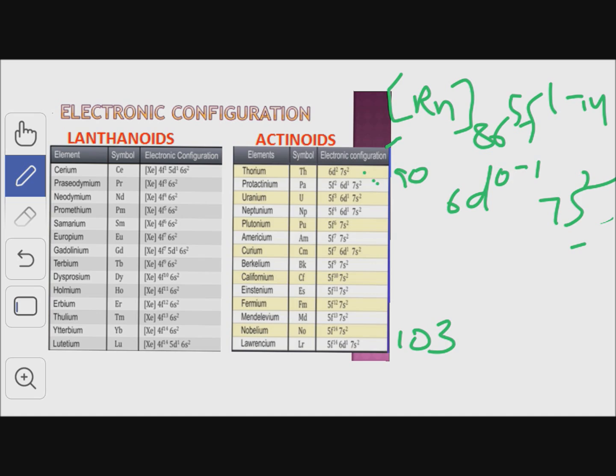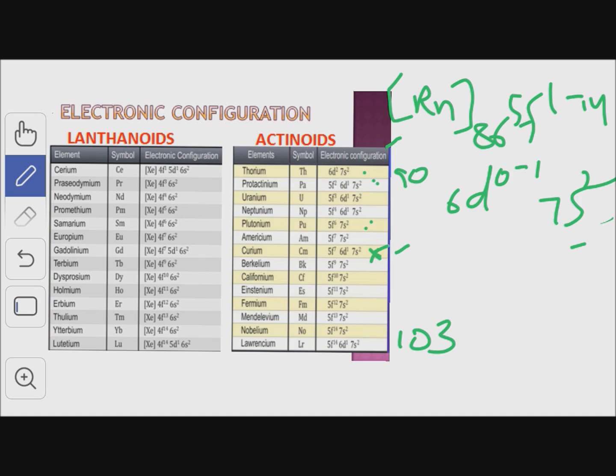Next is uranium 5f3, 6d1, 7s2, neptunium 5f4, 6d1, 7s2, plutonium 5f6, 7s2. There is no d electron in plutonium. Next is americium 5f7, 7s2, then curium. This is an exceptional case, 5f7, 6d1, 7s2, due to the exactly half-filled configuration.